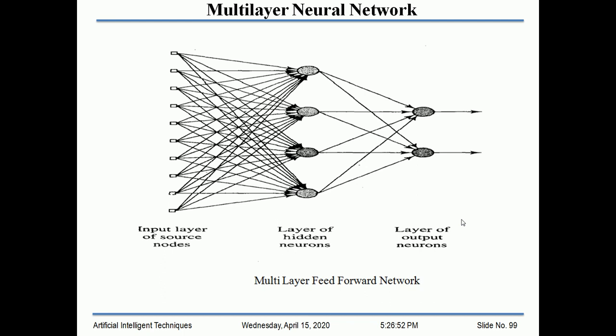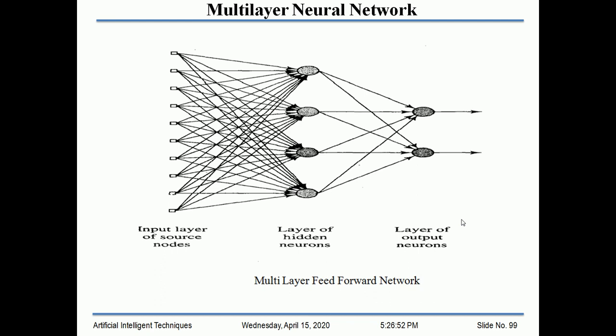If the error is 0, there is no need to update the interconnection weights. But if there is some error, based on the error you need to update the neural network using the generalized learning rule, that is, the new weight is equal to the old weight plus the change in weight, delta W, if you remember. We discussed that in one of the previous sessions.